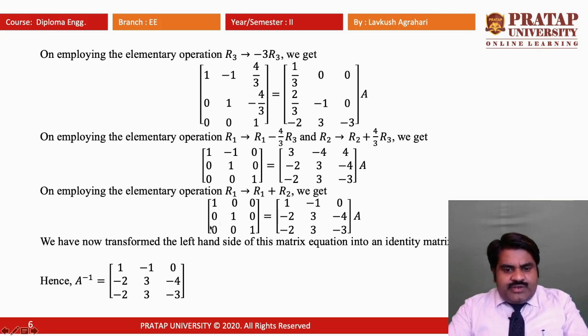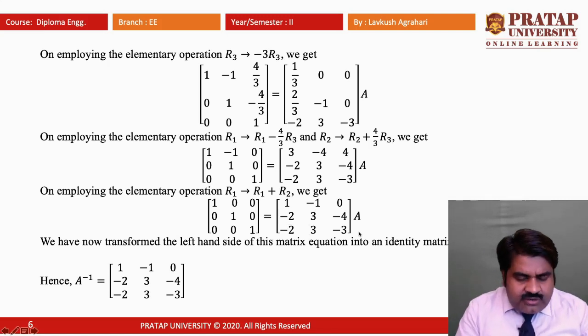say the left hand side matrix is converted into identity matrix and the right hand side matrix becomes the matrix whose elements are 1, minus 1, 0, minus 2, 3, minus 4, minus 2, 3, minus 3.